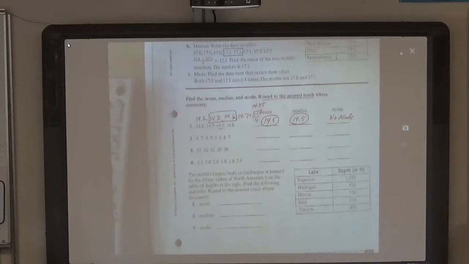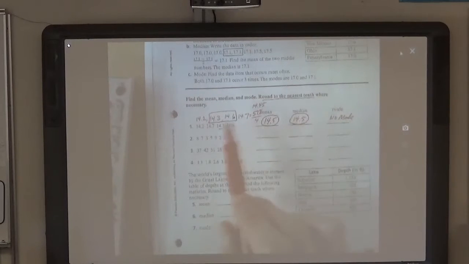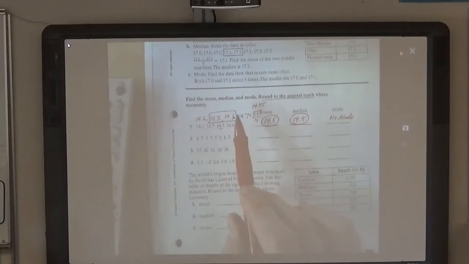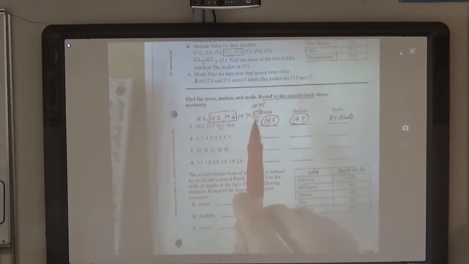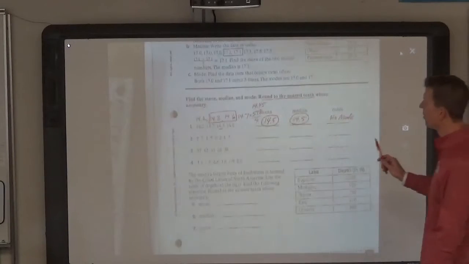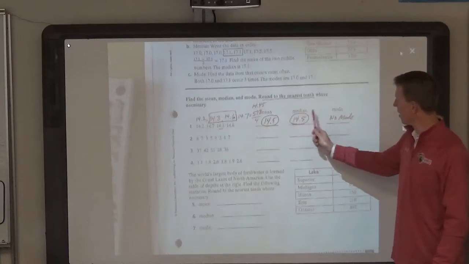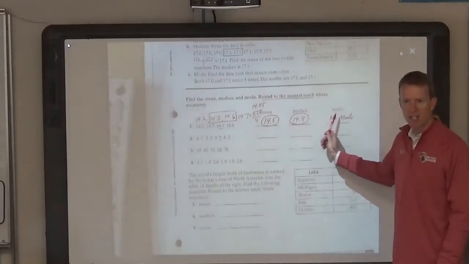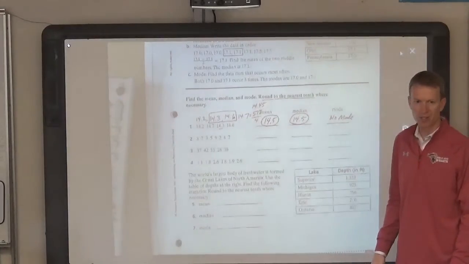Okay? Now, what if it asked, what is the central tendency? What would that mean? The central tendency refers to the number, when we analyze these, that best represents the middle.